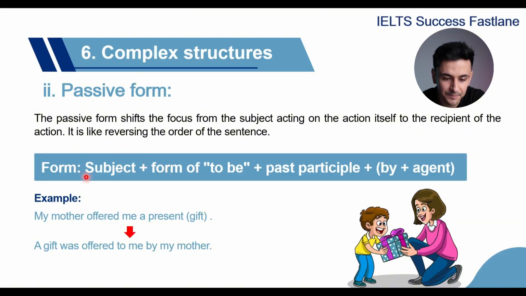You could see here the subject in the passive form becomes the gift, which was the object, and then you add a form of to be.